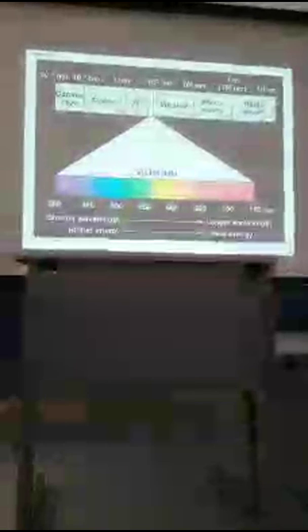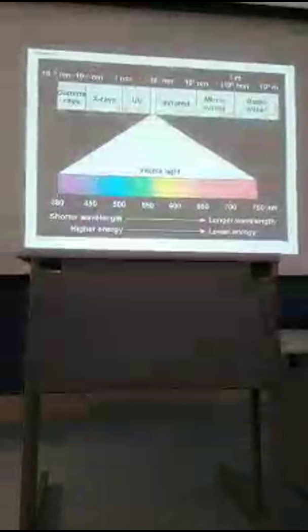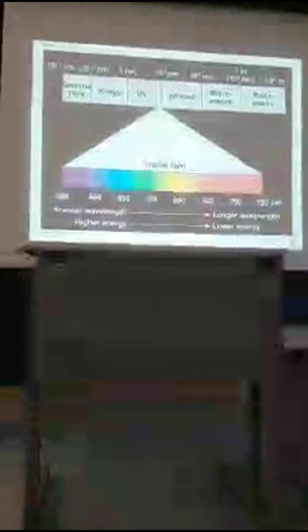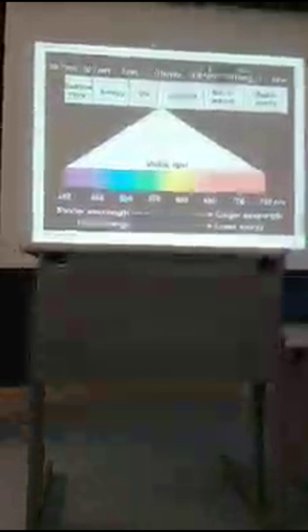The shorter the wavelength, the higher the energy. How much energy it has says how far it's going to travel. The wavelength is the distance between two crests, which means that if you have more crests, you have more energy, so that's the higher energy, right? Right, okay.